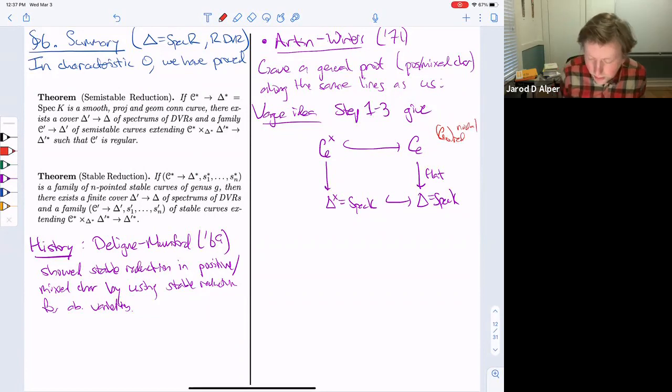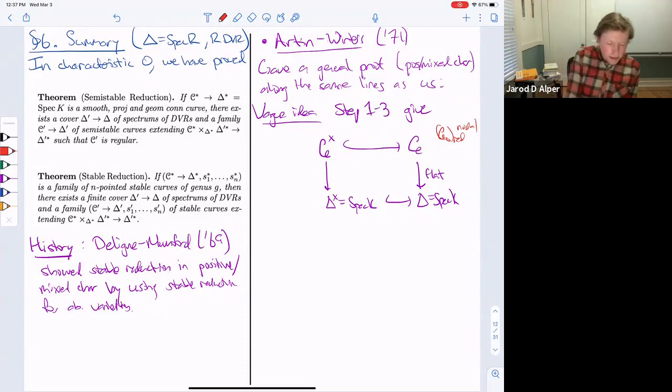Namely, you can apply embedded resolutions in positive characteristic as well. But it's really at step 4 where we used characteristic zero, where we took an explicit ramified base change in order to make the central fiber reduced.